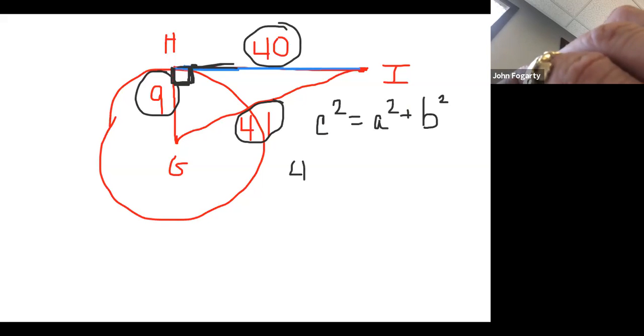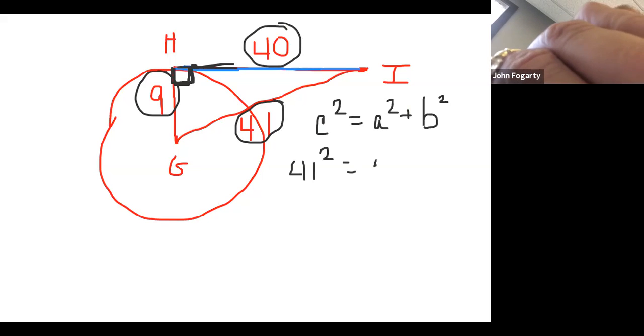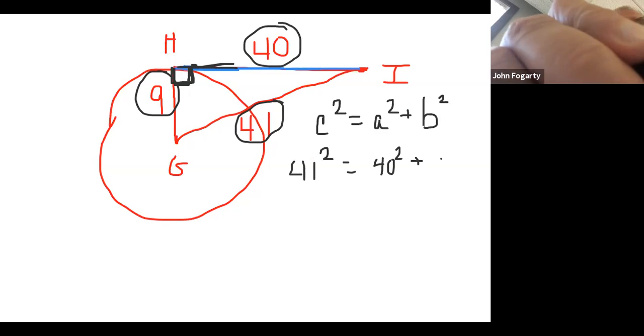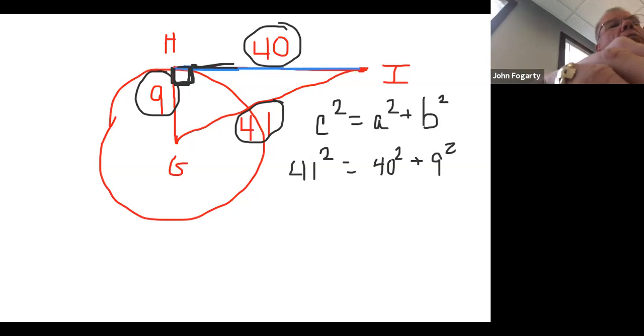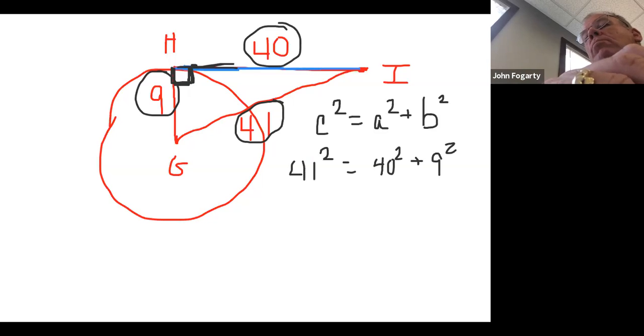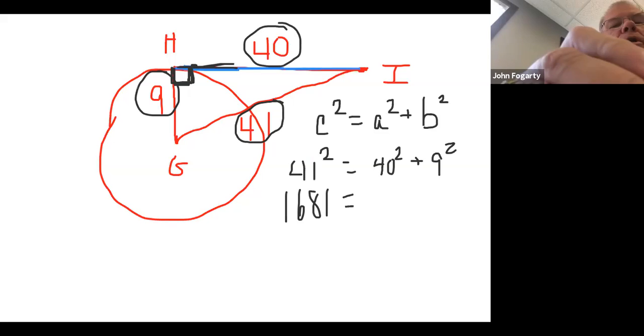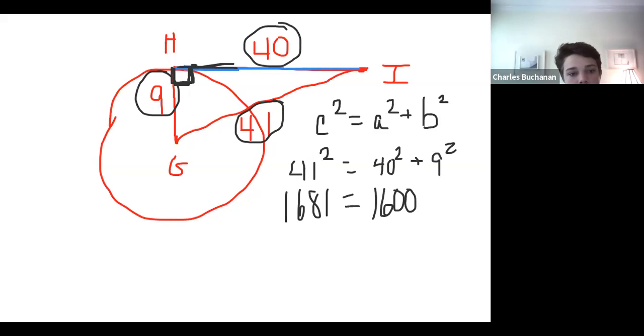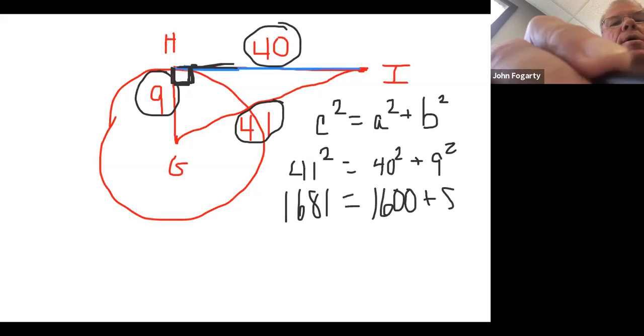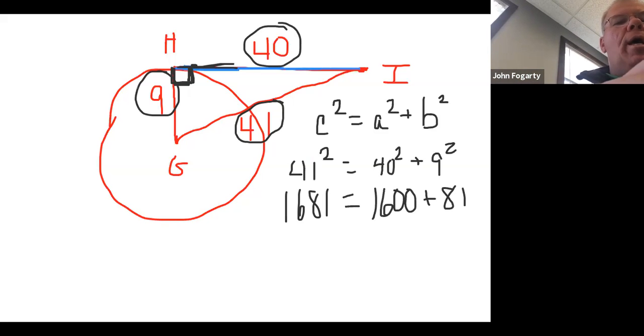So 41 squared, does that equal 40 squared plus 9 squared? 41 squared is 1,681. 40 squared is 1,600. 9 squared is 81.